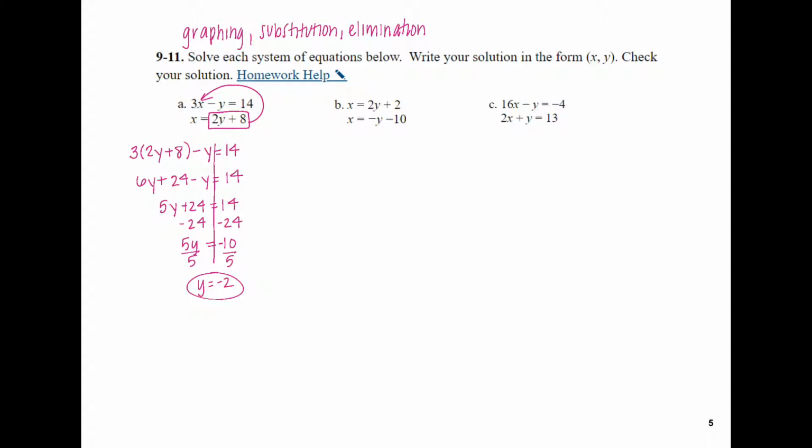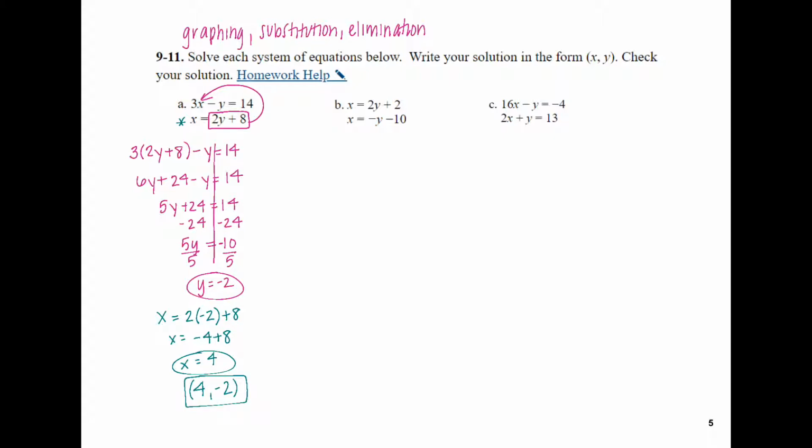So the easiest equation to substitute that back into is your second one. So x equals 2 times negative 2 plus 8. 2 times negative 2 is negative 4. Plus 8 is 4. x is 4. Make sure we write this as an ordered pair, (4, negative 2).